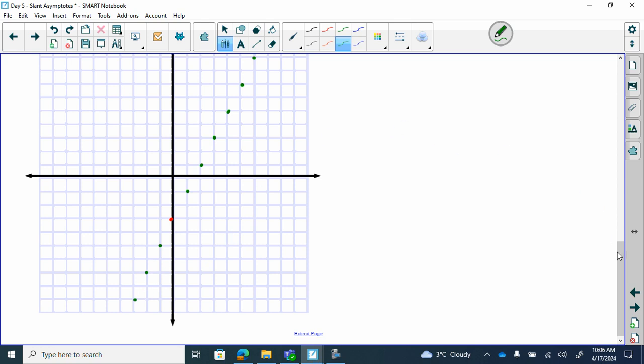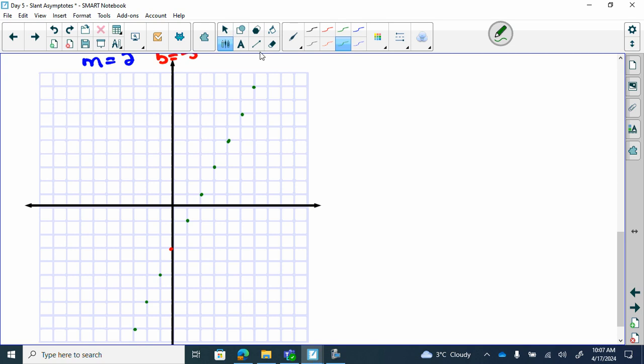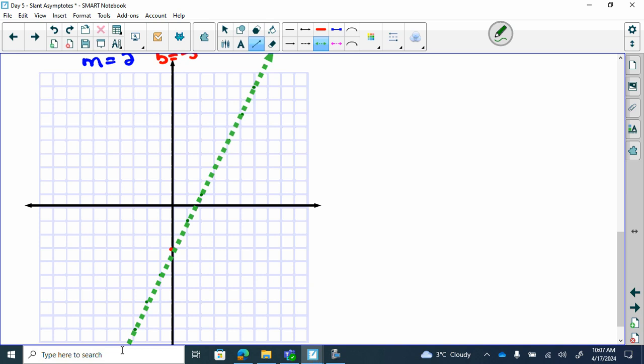And I am going to join those with a dashed, I'll use the same color, dashed green line that I used for my vertical and horizontal asymptotes. So that's how you would draw. Cool? And what happens, the further right I move, the closer I come to the slant asymptote. Further left I move, same thing.